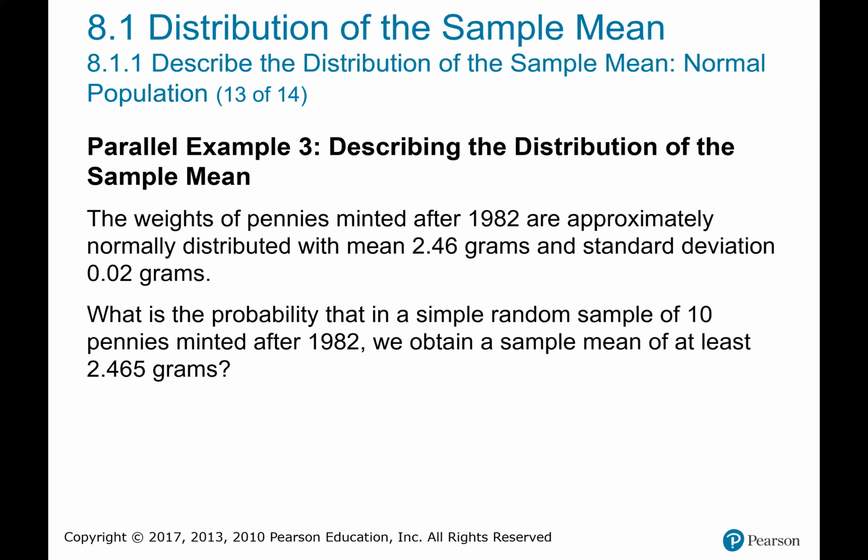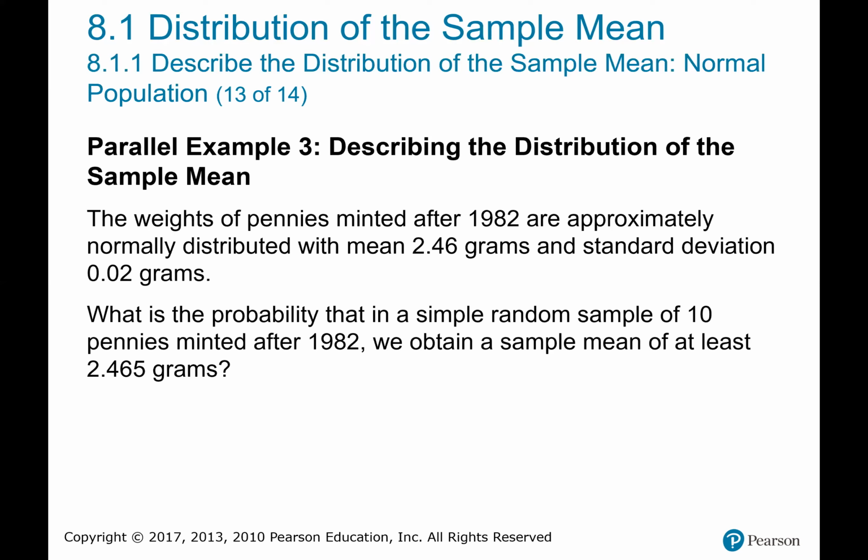So again, guys, when it says approximately normally distributed, that means this is bell-shaped, a normal distribution. The mean of the population is 2.46 grams, and the standard deviation of the population is 0.02 grams. Now, what is the question?